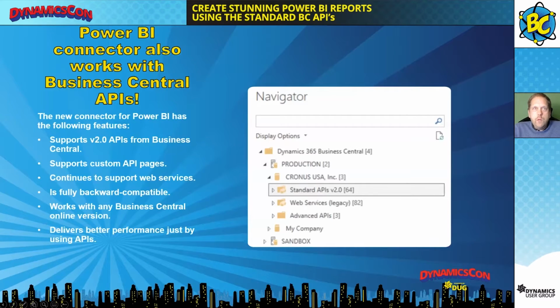When we are going to use Power BI Desktop and connect using the Power BI connector for Business Central, which I will also demo in a few seconds, we're going to see that we can connect and we can see the new APIs. Actually, let me demo that right now. So first demo, I'm going to start my Power BI Desktop.